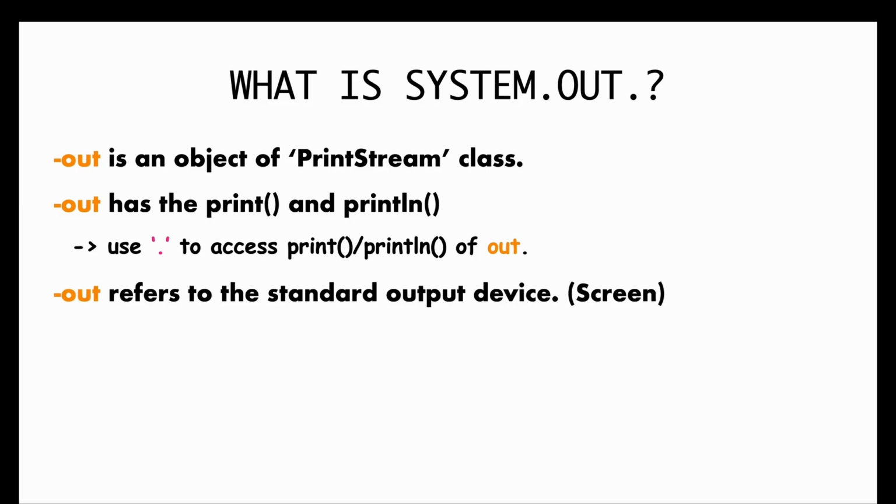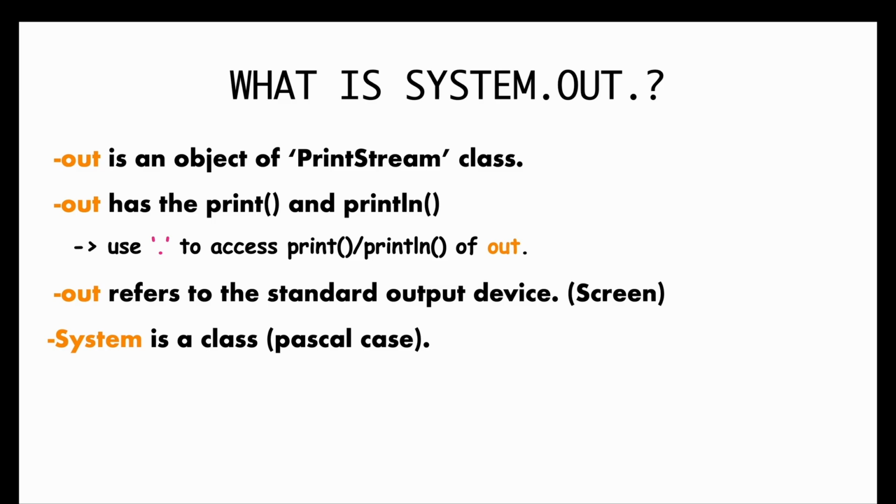Next, out refers to the standard output device on the screen, and it is an object instance of the PrintStream class. So you might ask, what is System? Now, System is a class, and this is easily identifiable by the way the name is defined. Here, System has the first letter capitalized, which is Pascal case notation.